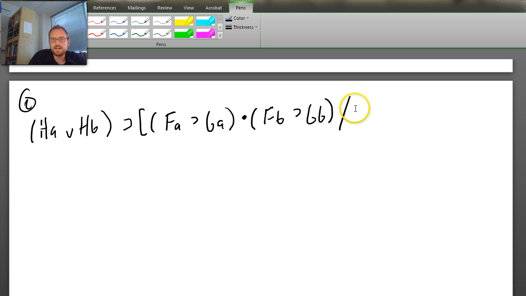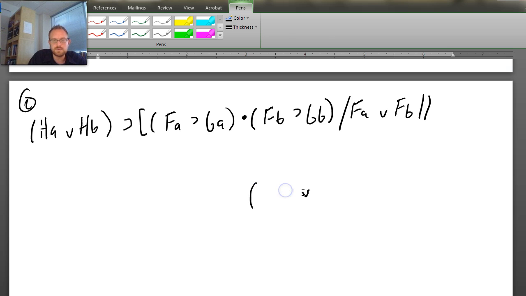And then my next premise is going to be either FA or FB. And then my conclusion, and I'm going to have to write it down here, unfortunately, because I'm running out of room. You can see that's going to be a practical problem for us.